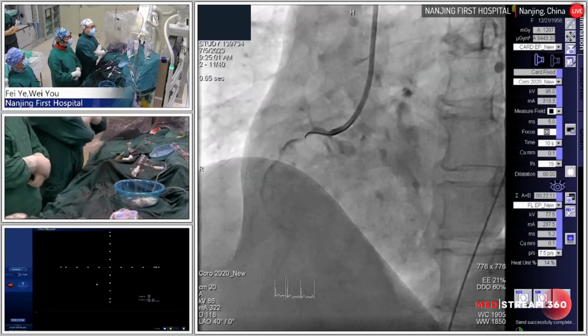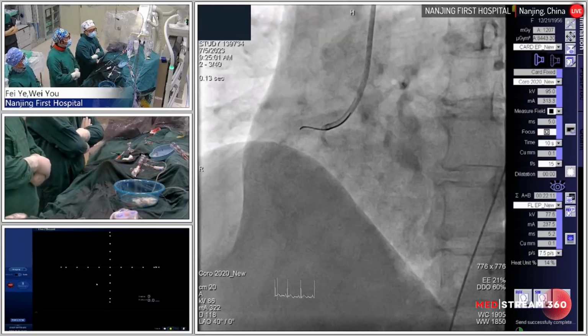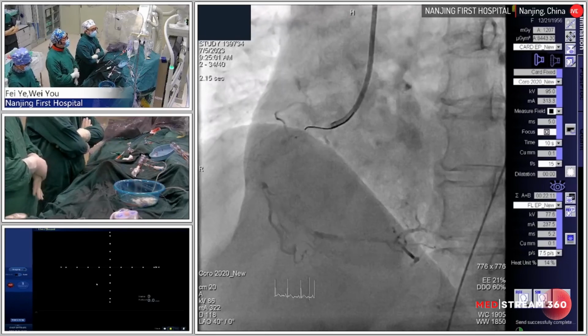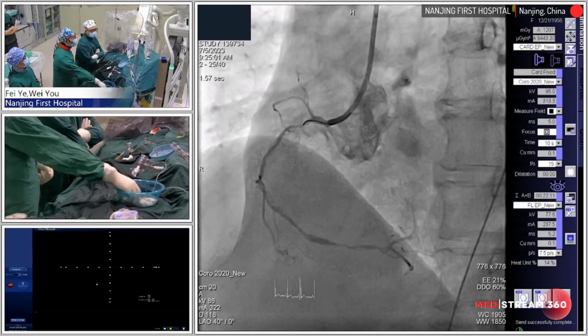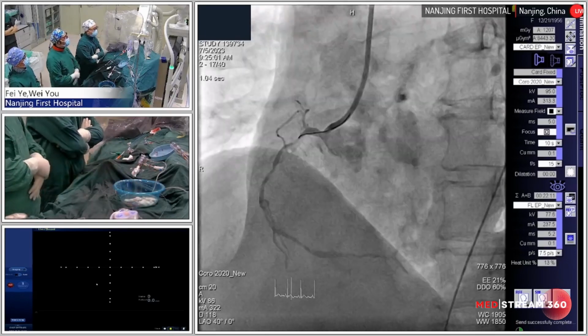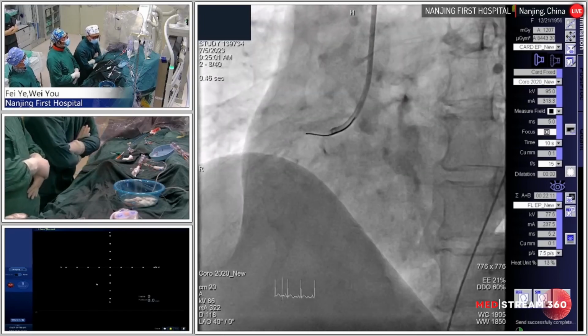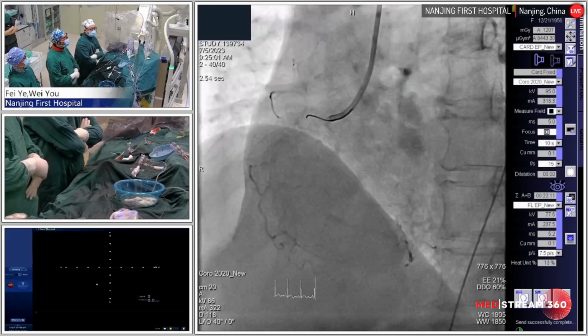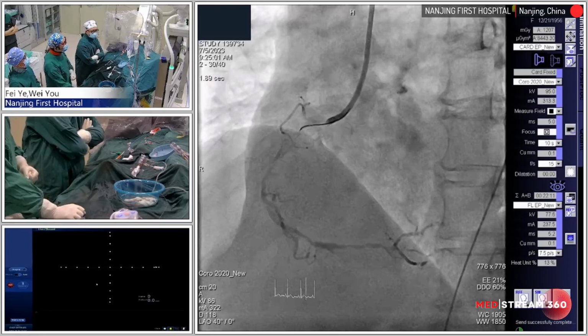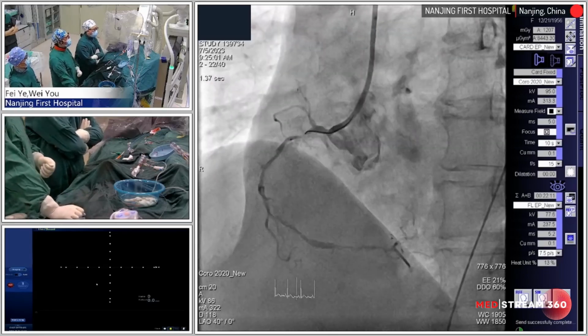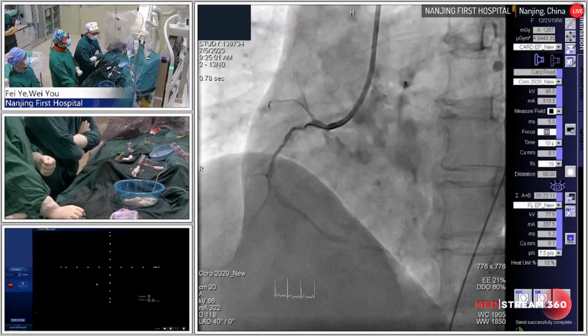The left main is Medina 010. It's not a true bifurcation lesion, but a very long diffuse lesion from the ostium of the LAD extending to the distal LAD. And also you can see the CTO in the middle segment of the LAD. So it's really a tough case.